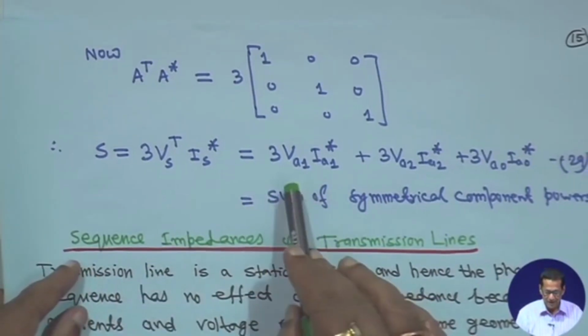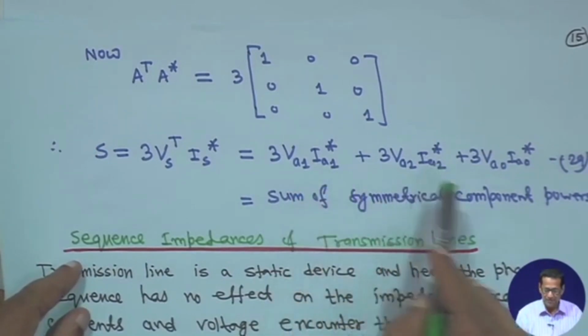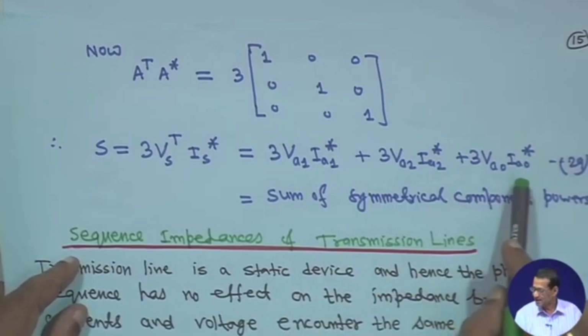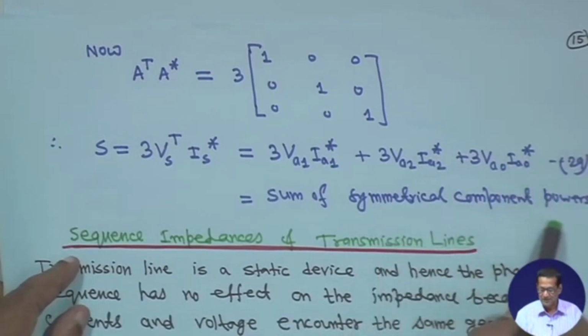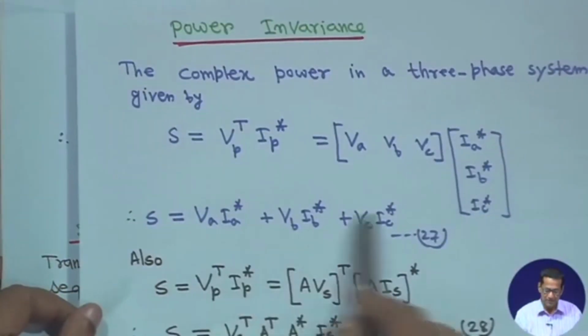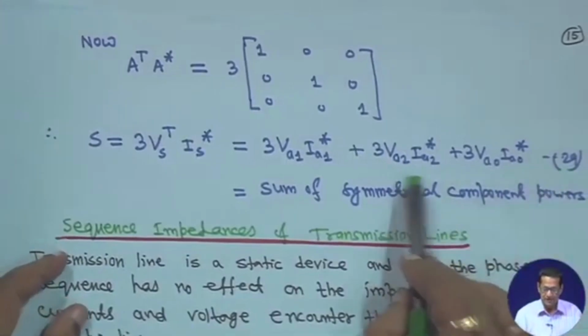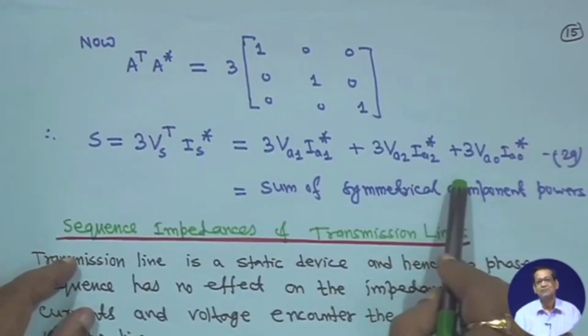If you multiply, it will be 3 VA1 IA1 conjugate plus 3 VA2 IA2 conjugate plus 3 VA0 IA0 conjugate, the sum of symmetrical component power. So S is equal to whatever you get in equation 27, that is actually equation 29; they are the same, they have to be the same.